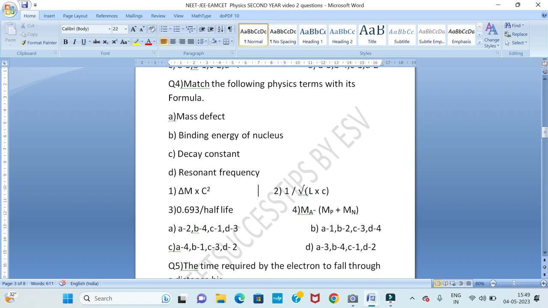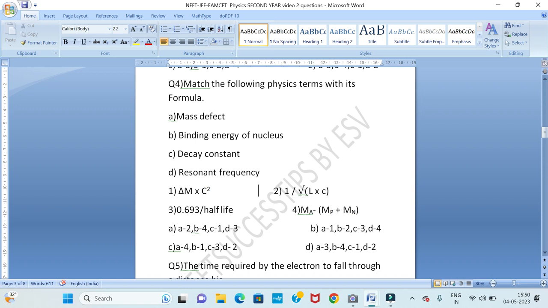A4. Mass defect is mass of atomic nucleus minus mass of protons plus mass of neutrons. Binding energy of nucleus is mass defect into C square, mass difference into speed of light square.